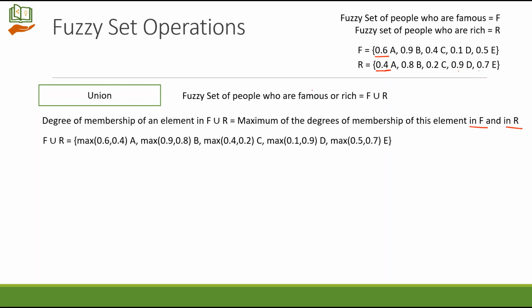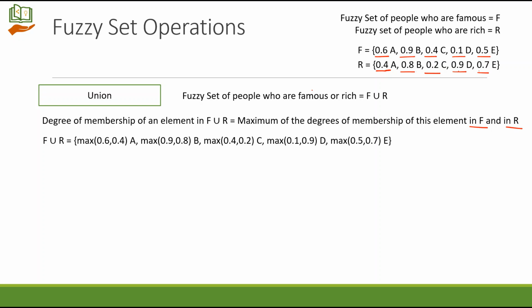We have to pick 0.6, 0.4 for A under the maximum function, 0.9 and 0.8 for B, 0.4 and 0.2 for C, 0.1, 0.9 for D, 0.5, 0.7 for E. We have to pick the maximum.